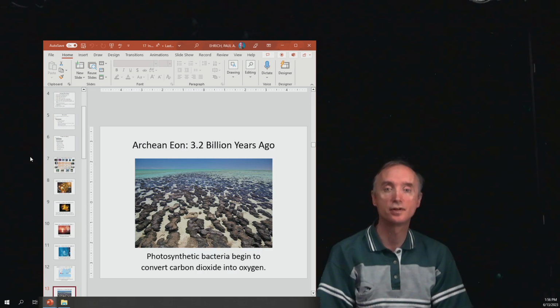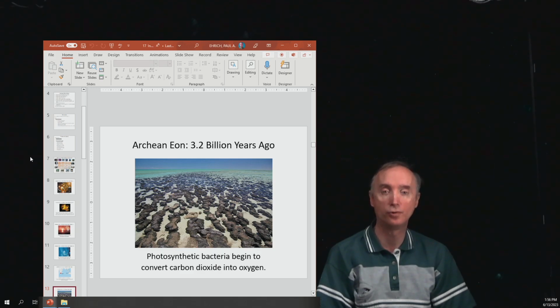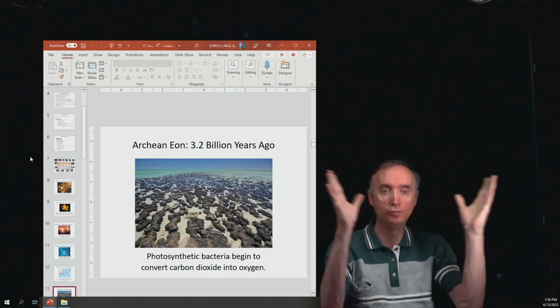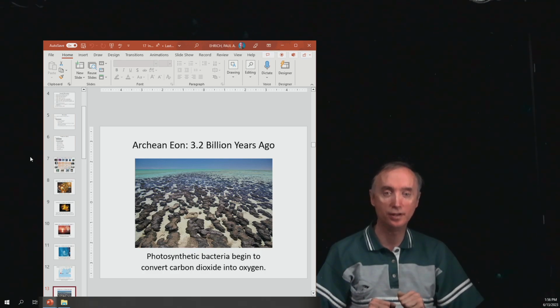And so this is going to be very important, because a byproduct, the waste product of these organisms, was oxygen. So they ate carbon dioxide and water, and then they poop out oxygen into the atmosphere. So the atmosphere of the Earth begins to change.